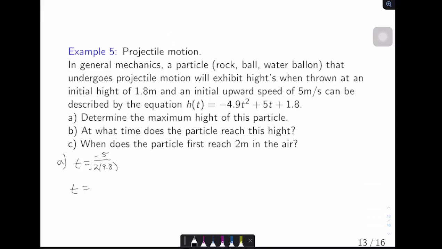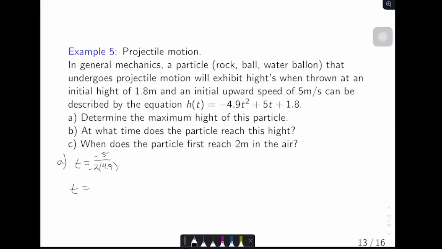And here we're going to get 5 divided by, I did the math already for you. It's supposed to be a 4.9. Sorry, folks, I accidentally hit the microphone. Divided by a 2 times 4.9, close parenthesis, enter.